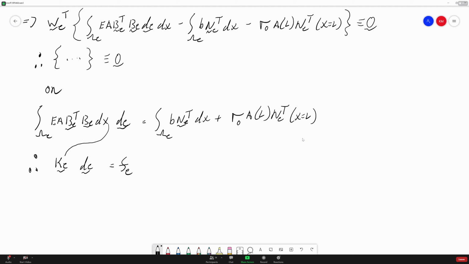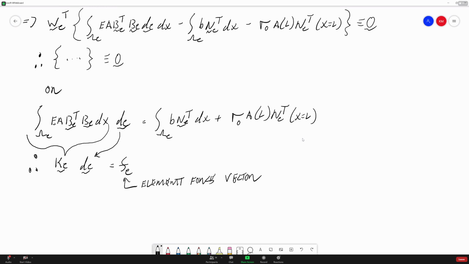And you remember that term right there is KE. Well, it's in the form. We didn't have this BE transpose BE in there. This DE right here is still the same. And this guy here is our element force vector.